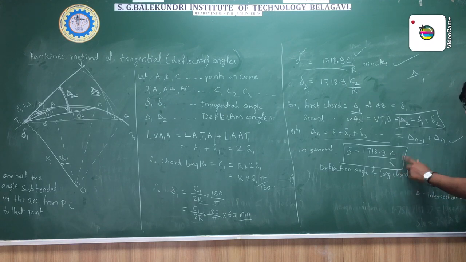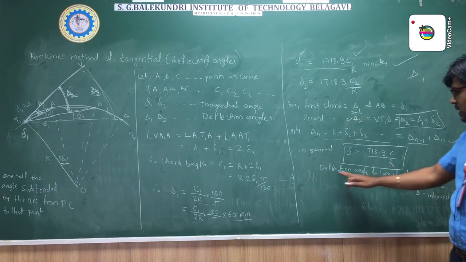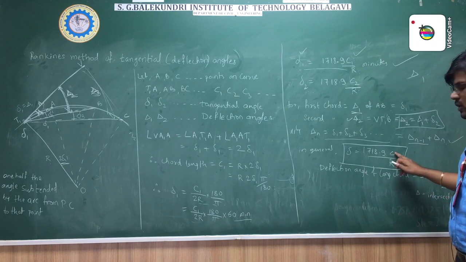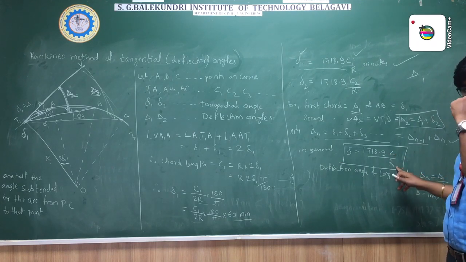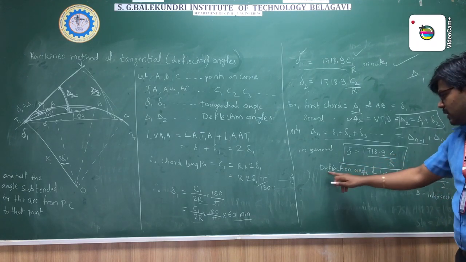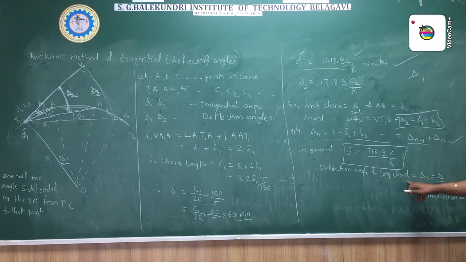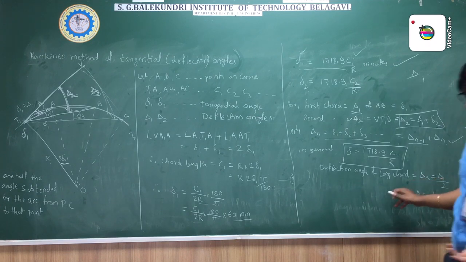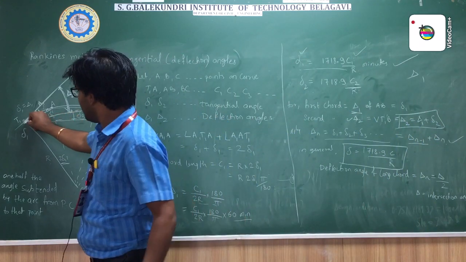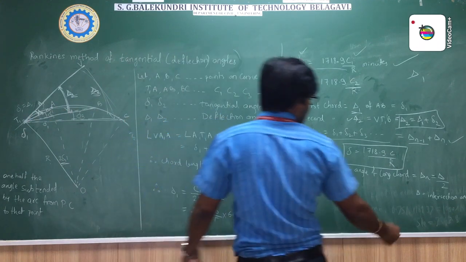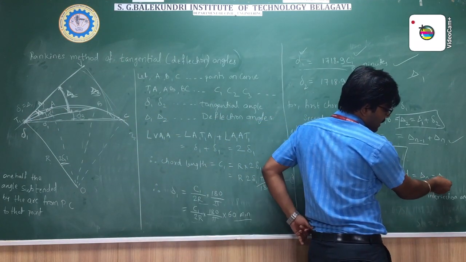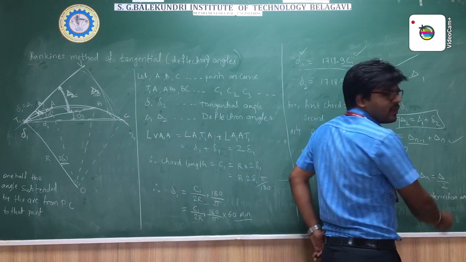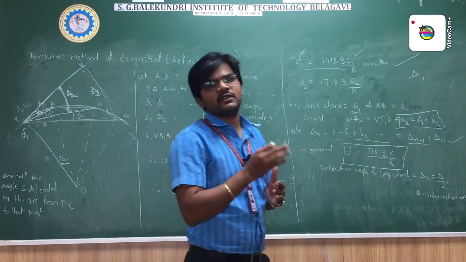In this expression, C is the chord length and R is the radius of the curve. The deflection angle of the long chord, T1 to T2, will be delta n is equal to delta by 2, that is, half of the intersection angle.